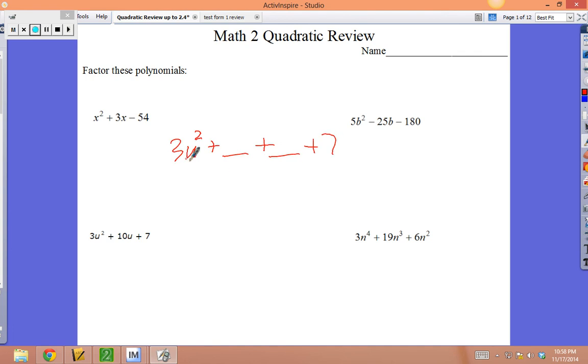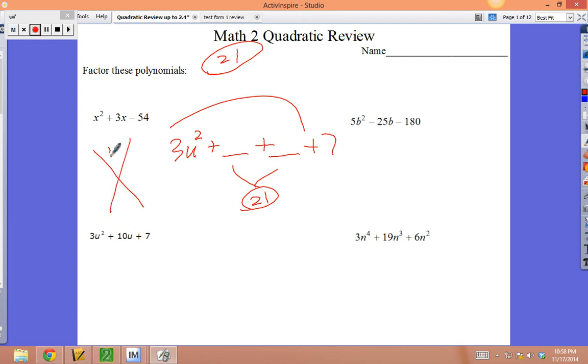I'm going to change it from 3 terms into 4 terms. And I'm going to multiply my first times my last. 3 times 7 is 21. 21 is my number. I know that my middle terms multiplied are going to give me 21 also. So multiply to give you 21, but it's got to add and give you 10.